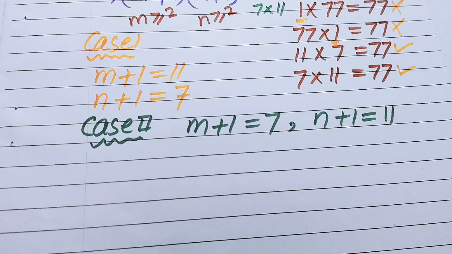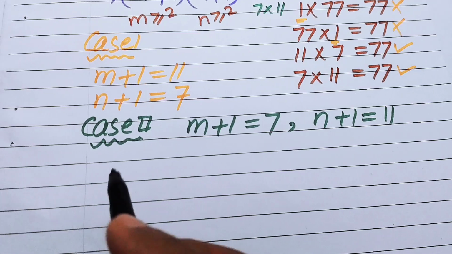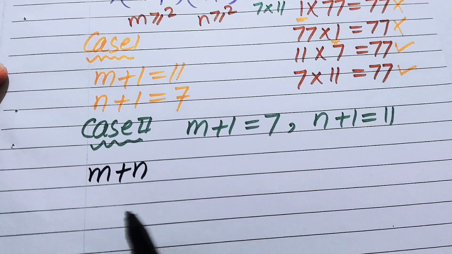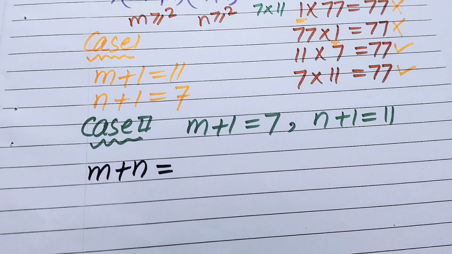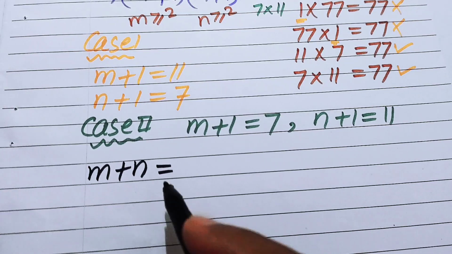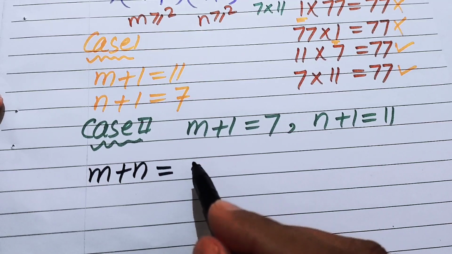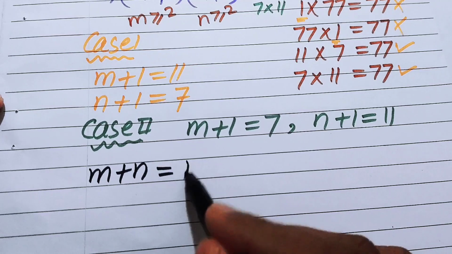So now we move towards our claim. Our claim is to find the value of m plus n. First we modify this m plus n, and we add plus 2 and subtract 2.